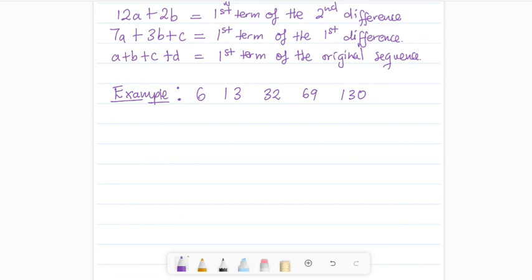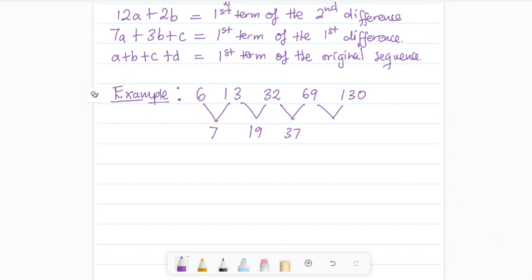Now let us get started. So I have the numbers 6, 13, 32, 69, and 130. We're told these numbers are forming a sequence. The first thing that you do is subtract: 13 minus 6, you get 7. 32 minus 13, you get 19. 69 minus 32, you get 37.